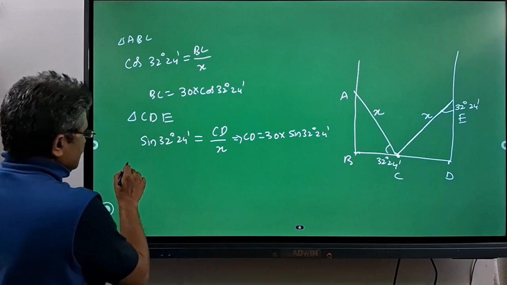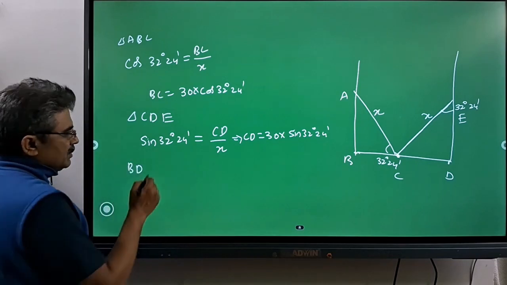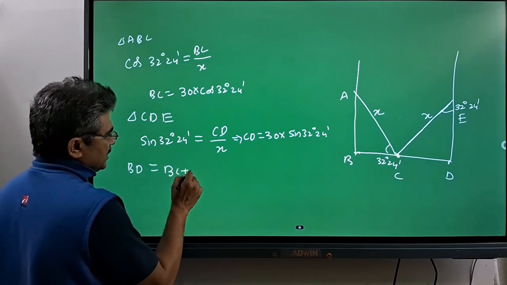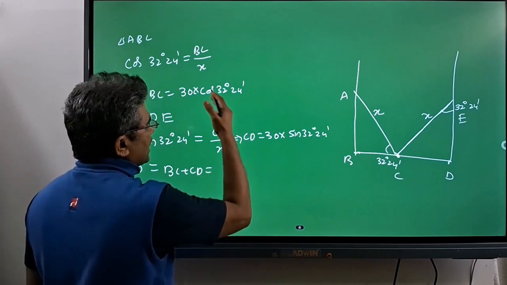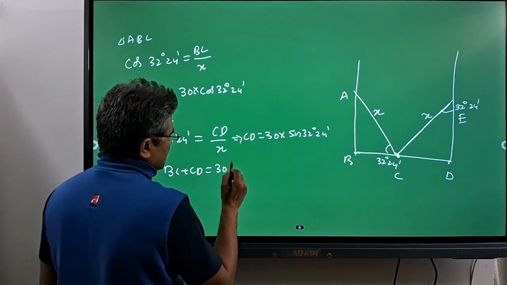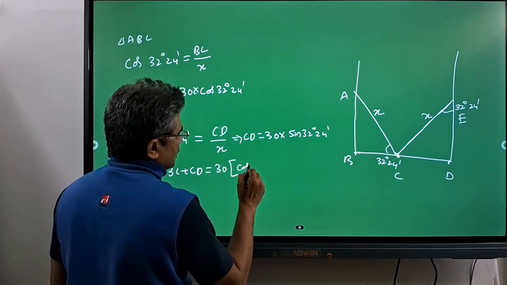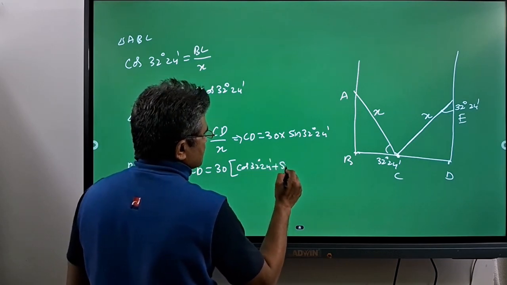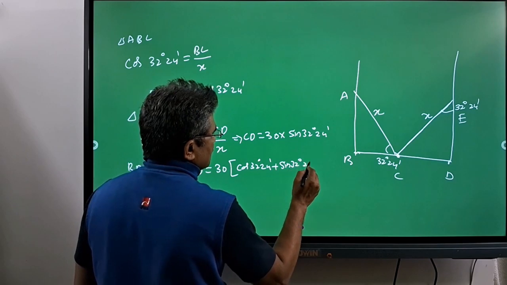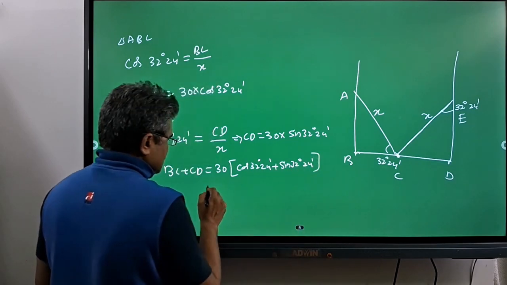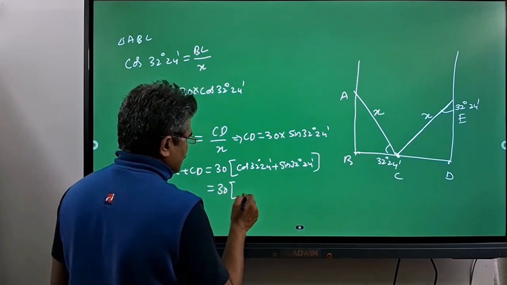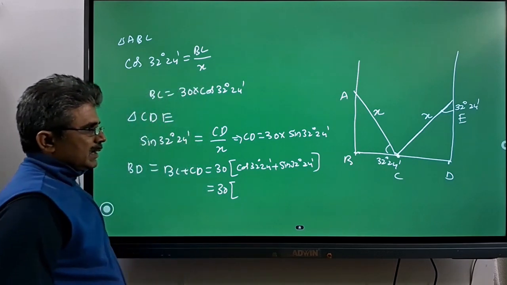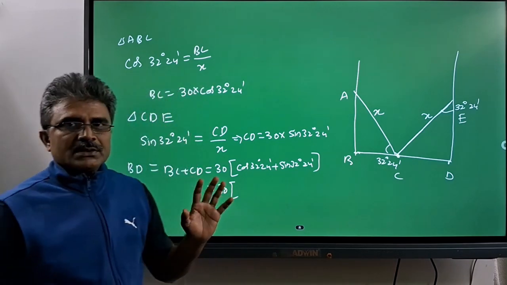We need the BD value, which is the width of the road. BD is equal to BC plus CD, just add these two. Take 30 as common, you will have cos 32 degrees 24 minutes plus sine 32 degrees 24 minutes. Students, we already learned how to find the value for a random angle from the cos or sine tables.